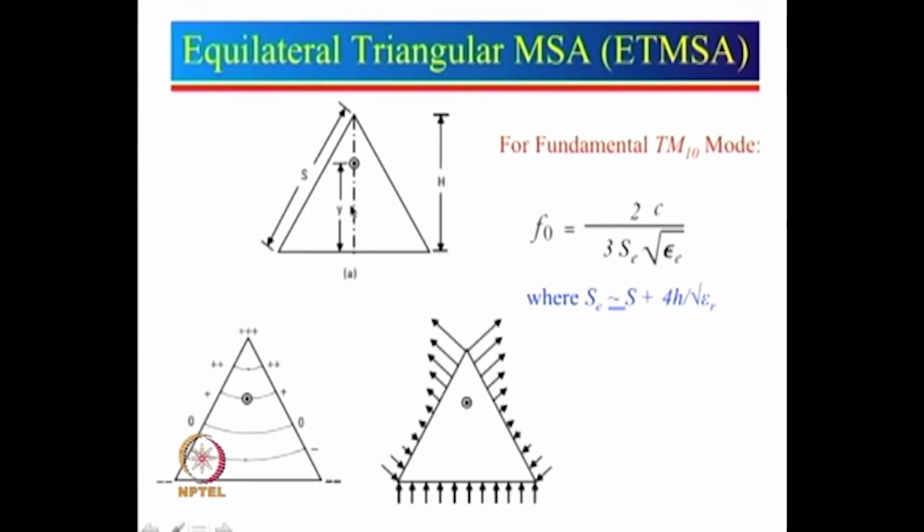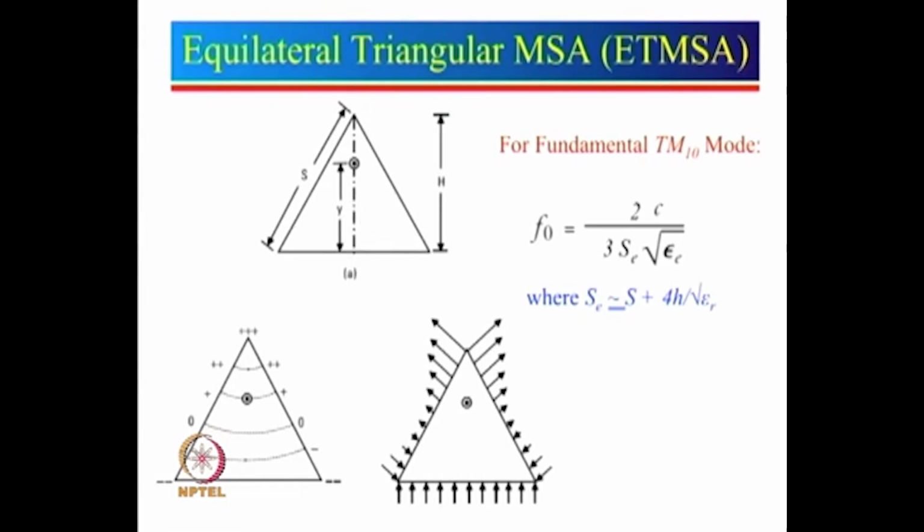Whereas for a rectangle or a circle, this null point was exactly symmetrical, in the center, in case of the equilateral triangle this is the null point. So you can see that compared to this null, the distance is less here, so the field variation will be less, and over here the distance is more, so the field variation will be more.